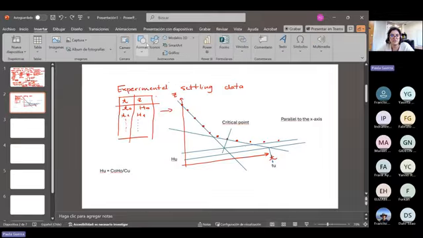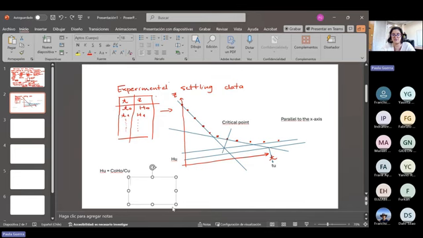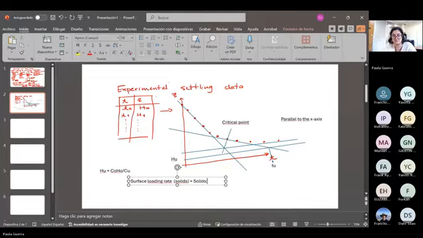Okay, so now with TU, I'm going to calculate the surface loading rate of solids. And remember that that is equal to, similarly to what we saw in settlers, I hope you saw the exercise, the mass, the solids rate divided by TU.